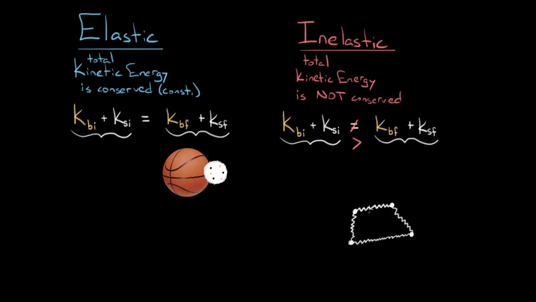To just get a nice visual picture of what's happening, imagine this collision happens. Well, that's going to cause this atom or molecule to start oscillating more than it was. This one's going to start oscillating more than it was. And since these atoms and molecules now have more kinetic energy on their own, this random thermal energy, the total kinetic energy that this whole ice cream scoop is going to have going forward is going to be less, because some of that's going to be distributed randomly amongst the atoms and molecules in the ice cream scoop.